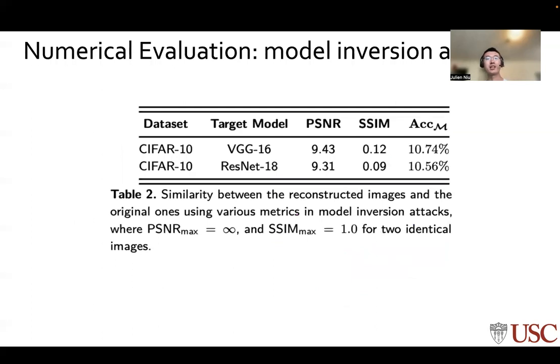From this table, you can see that the PSNR and SSIM are very low. That means there are few similarities between the training images and the reconstructed images. And as shown in the last column, if we input the reconstructed images to the target model, the accuracy is also very low. That means the target model cannot recognize the reconstructed images.